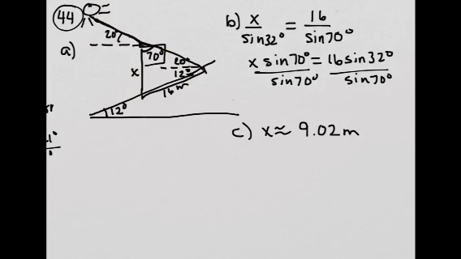So if this is 12, this has to be 12. So combined, that's 32 degrees. So I can set up x over sine 32 equals 16 over sine 70. Cross multiply, and I get this equation right here. Divide by sine 70, so I get x equals this. Plug it into a calculator, and you get this.